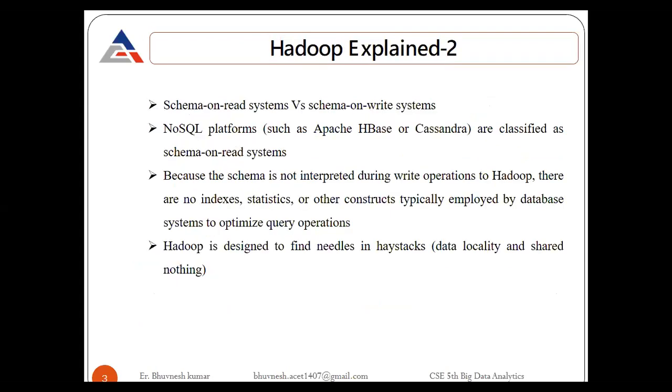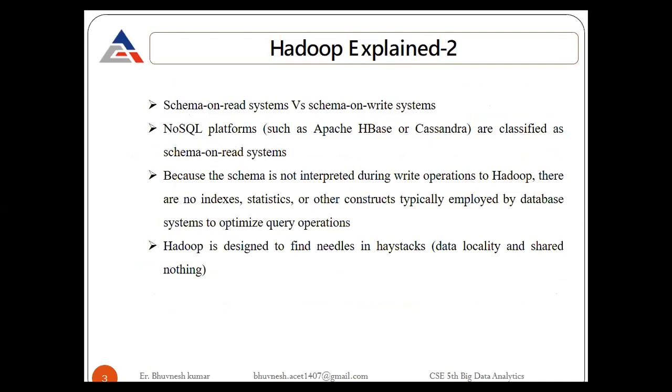Next is schema on read system versus schema on write, which I have explained recently. Hadoop works on a schema on read system. NoSQL platforms are classified as schema on read systems, as I have explained. In a relational database, first of all you have to create the data structure using the SQL concept.